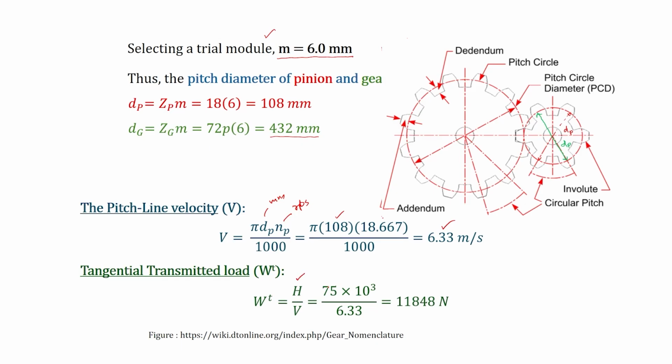The power is 75 kilowatt, so 75 multiplied by 10 to the power 3 is in watt, divided by the pitch line velocity in meters per second. We determined the transmitted load, the force which will be transmitted when this pinion runs at 18.667 RPS. So, this is your Wt.